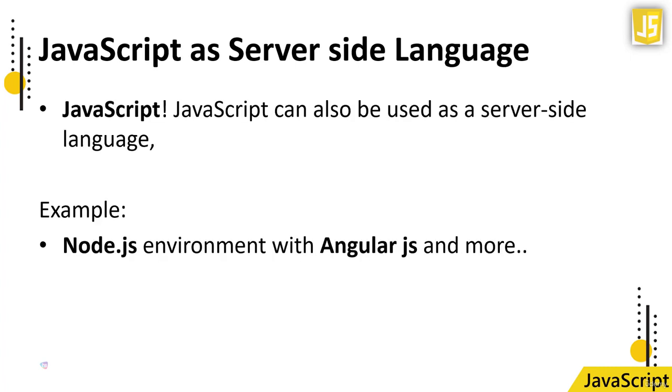JavaScript will be considered a server side language when we are using modern and advanced technologies like the Node.js environment, with AngularJS, React.js and Vue.js. Server side scripting is also possible using JavaScript. These are also JavaScript, though they are framework based.